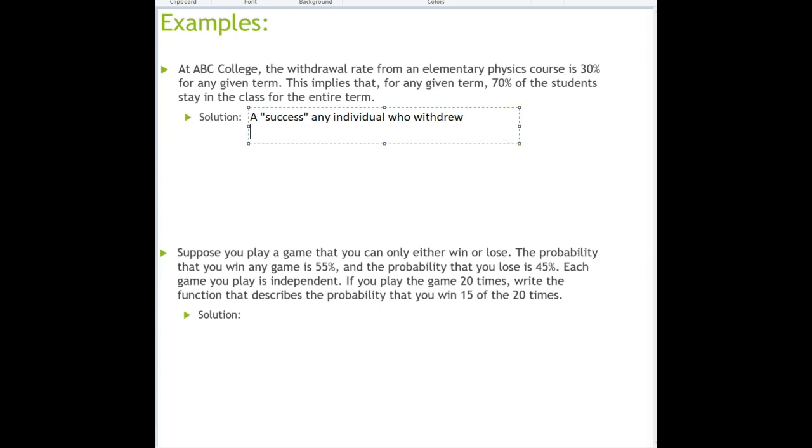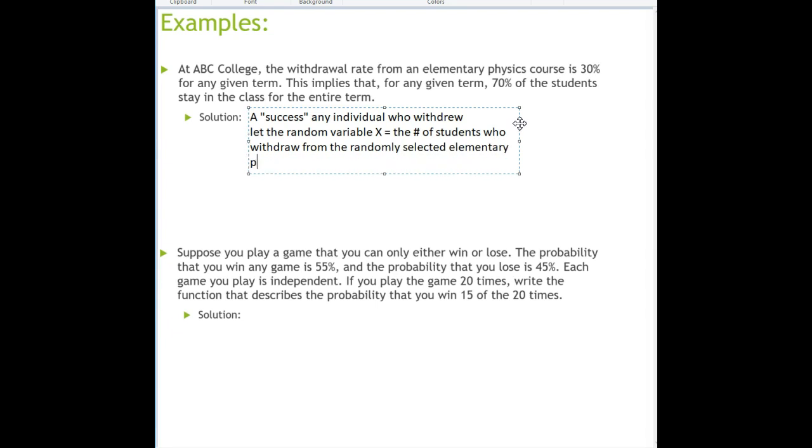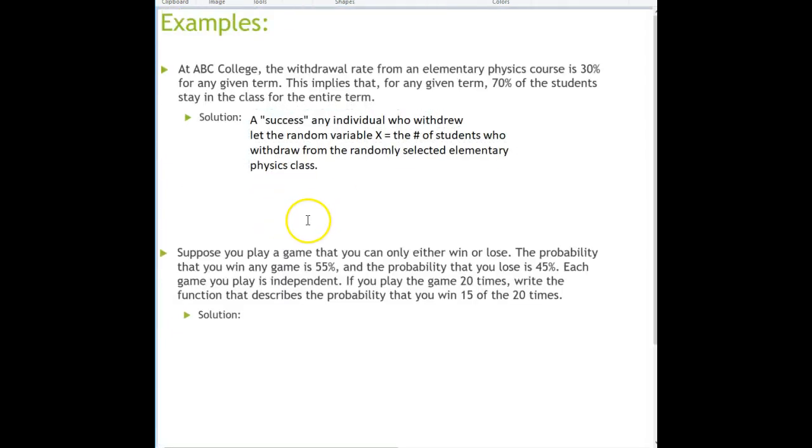And we would let the random variable x equal the number of students who withdraw from the randomly selected elementary physics class.